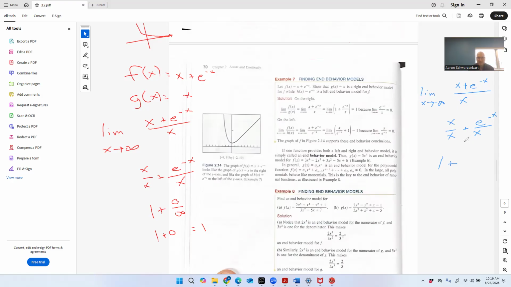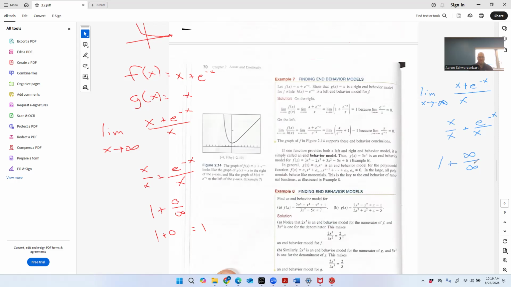This isn't actually in their example. They did f over h when they did negative infinity. E to the negative x over x, well, e to the negative x is going to infinity. So is x.